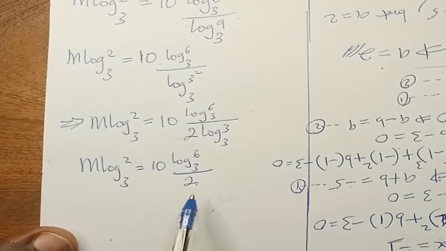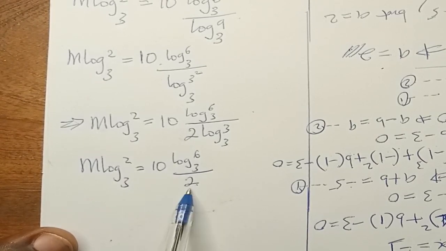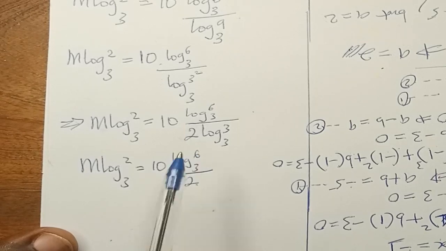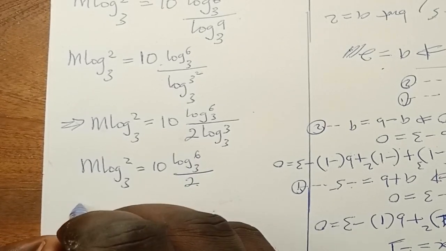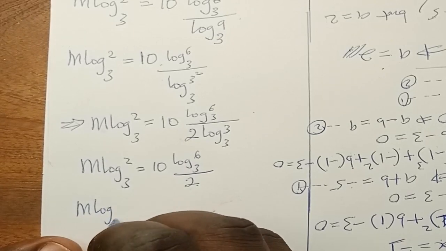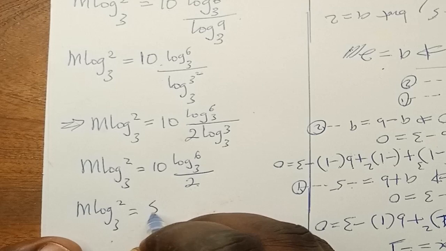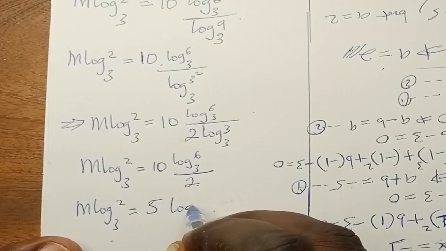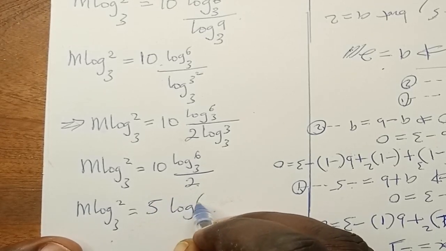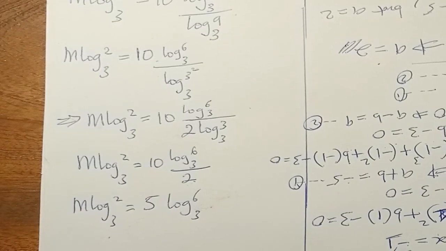Now, if we look here, 10 divided by 2 is going to give us 5. So we have 5 log of 3, 6. So it's going to be the same as m log of 3, 2 is equal to 10 divided by 2, which is 5 times log of 3, 6. So we now have this.